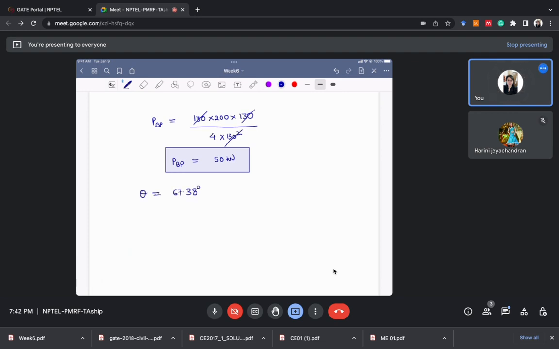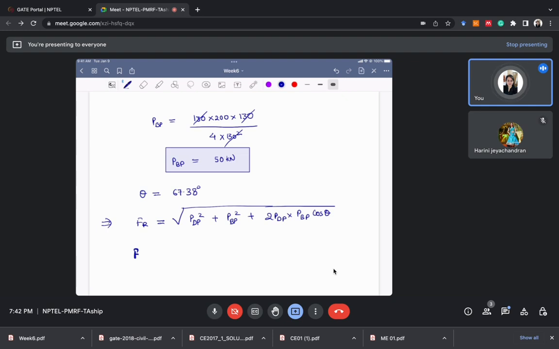Now we will use the resultant formula. The resultant formula is PDP square plus PBP square plus twice of PDP into PBP cos theta. Everything we know now.